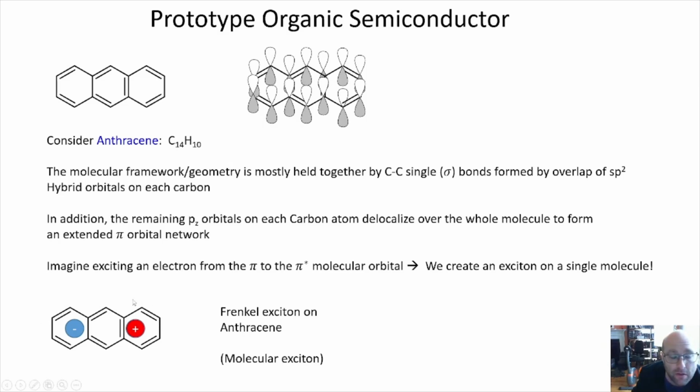So that's the sort of intuition about Frenkel excitons, is that if you've got a really tiny molecule and you make an excited state, say between the pi and the pi star, the excitonic effects are all trapped on a single molecular entity. And so a Frenkel exciton is often essentially synonymous with a molecular exciton, though not necessarily. Frenkel is a little bit more of a generic word for sort of small.